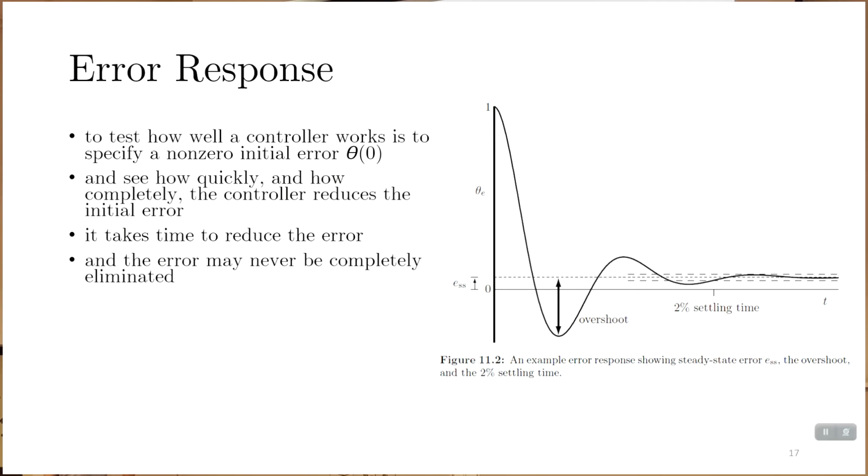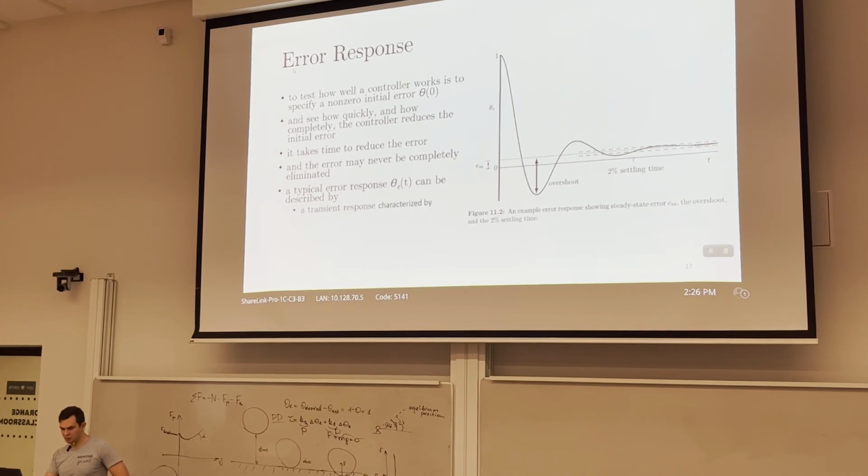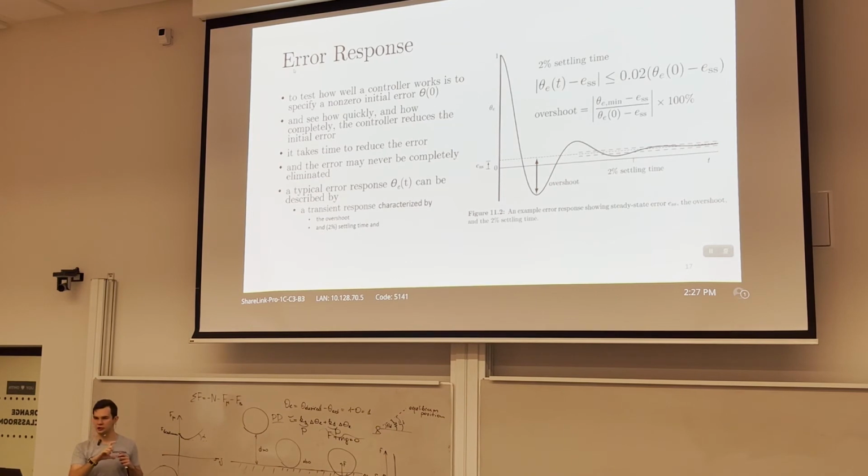The error may never be completely eliminated, and a typical error response can be described by, first, the transient response characterized by the overshoot. It's like we have a very stiff spring and we have oscillation, and because of that we have overshooting. And also the settling time, which means how fast the plot will go to the 2% region.